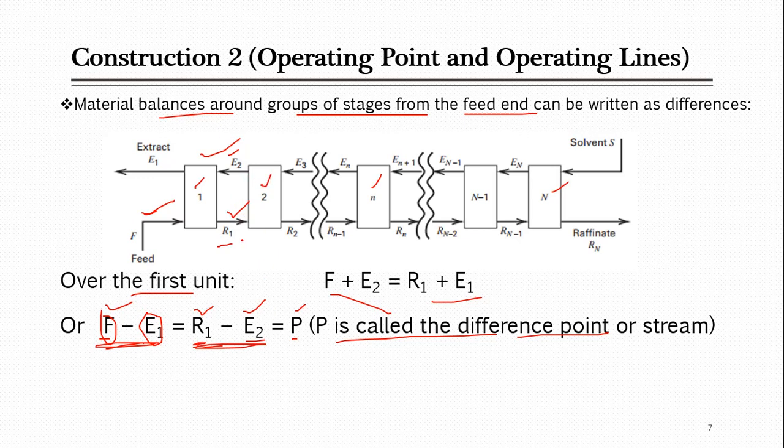That's the easy one: R1 plus E3, these two are entering, so input is R1 plus E3, which will be equal to the outlet, E2 plus R2, these two are leaving. Then you rearrange again in the form of something rich in the carrier minus something rich in extract. So you can rearrange them and they will also be equal to P.